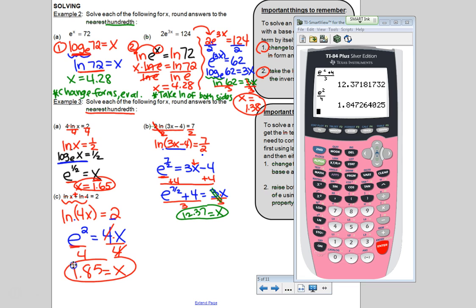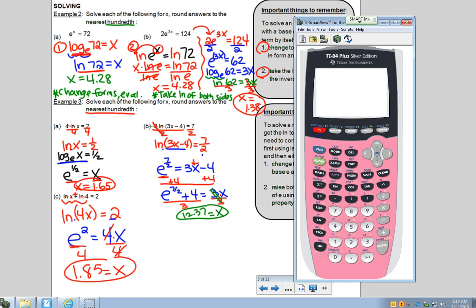And as I've already told you in the past, you can do any solving problem using your y equals key. I'll just do it on this last problem. You can do ln of x plus ln of 4. And then you can do 2 on the other side.